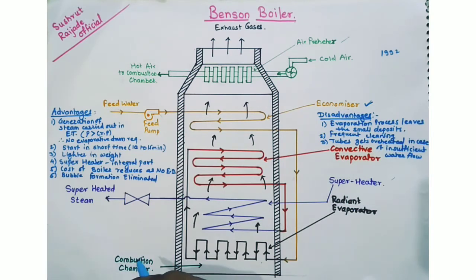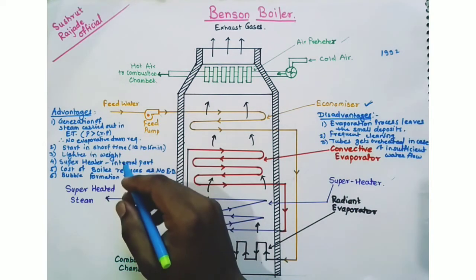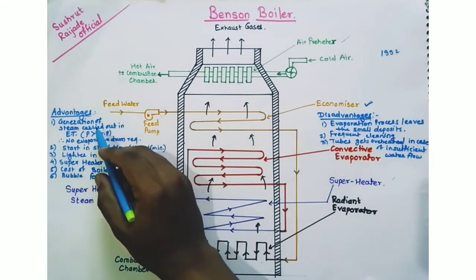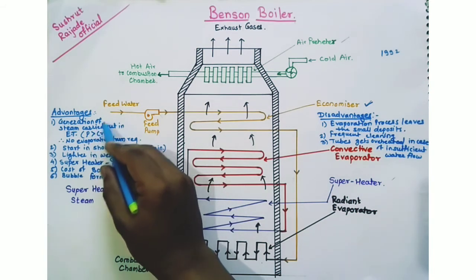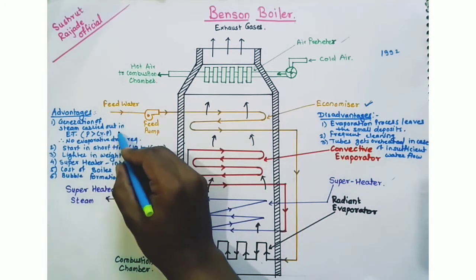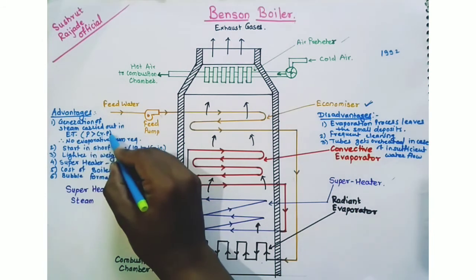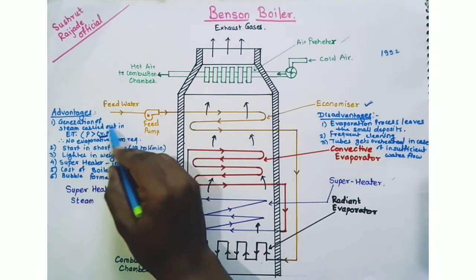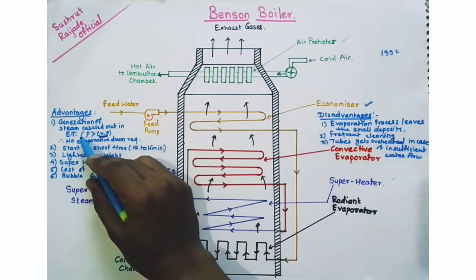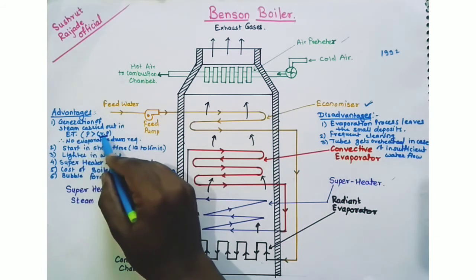Advantages of the Benson boiler. The first advantage of the Benson boiler is that generation of steam is carried out in the evaporative tubes at a pressure higher than the critical pressure.